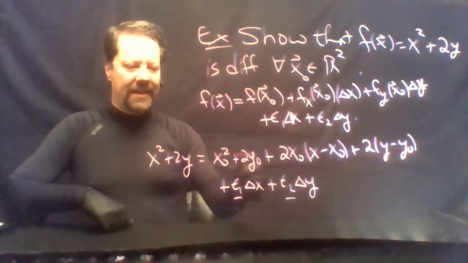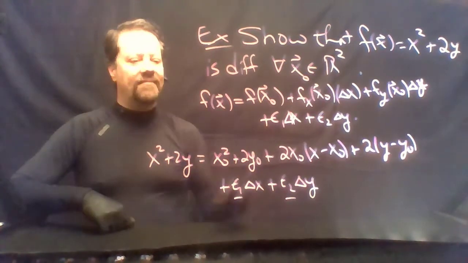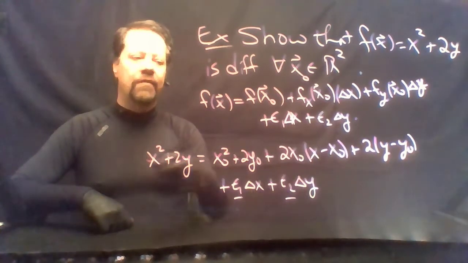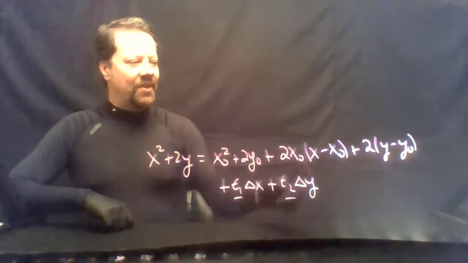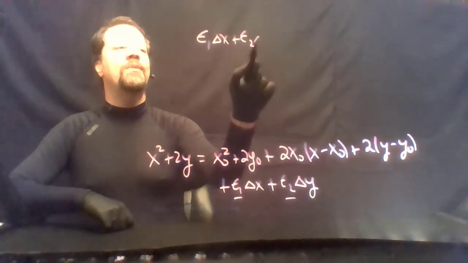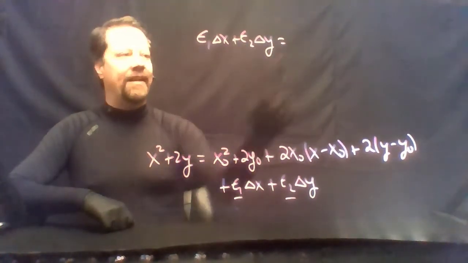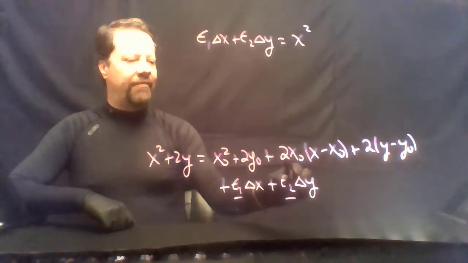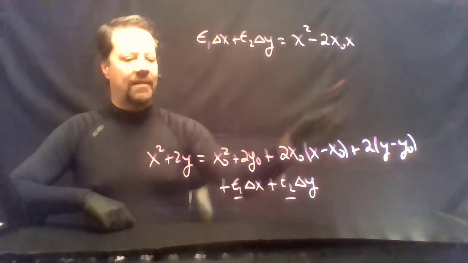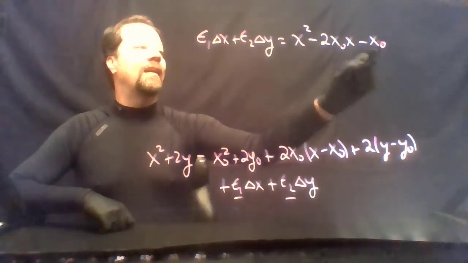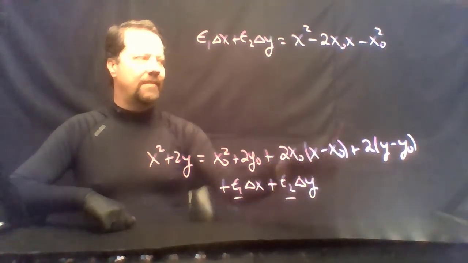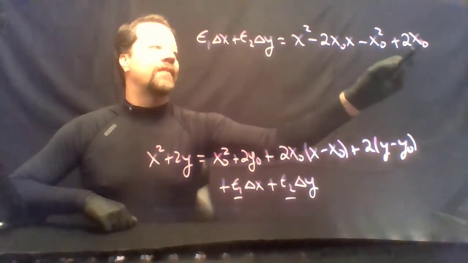Now, you can see that we're going to move all of the terms except for those involving epsilon 1 and epsilon 2 over to the other side of the equation. So, moving everyone over, we have epsilon 1 delta x plus epsilon 2 delta y equals, we'll have x squared, we'll have minus 2x naught x minus x naught squared, and we have also plus 2x naught squared.